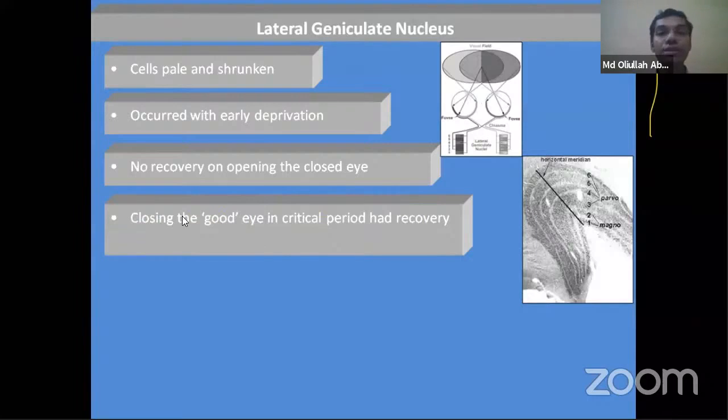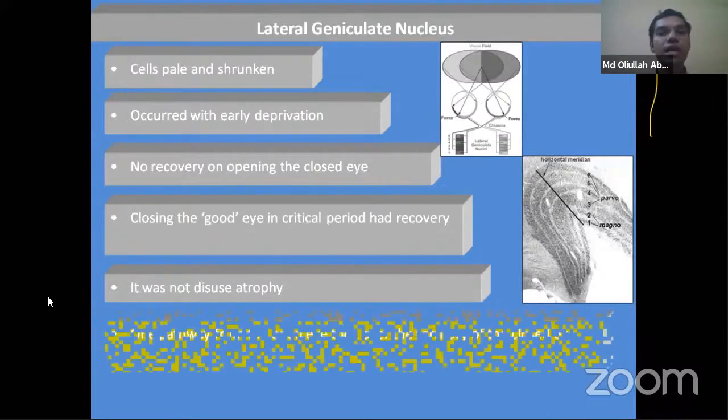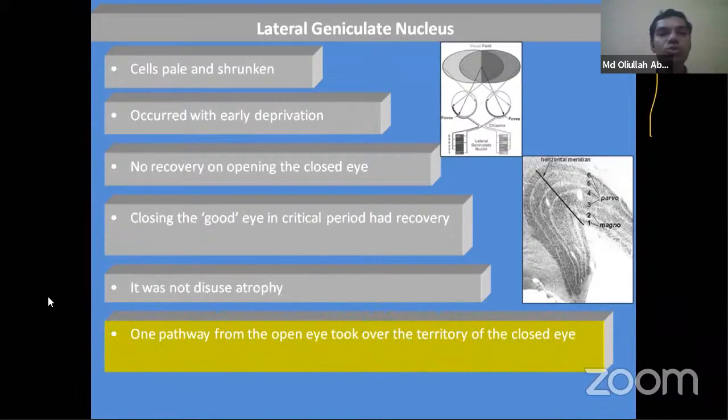So if you start closing the good eye at the critical period of the monocular neurons, there will be some recovery and there will be no diffuse atrophy if you can start as early as possible. So one pathway from one eye took over the territory of the closed eye. Here the concept of visual dominancy comes into place.